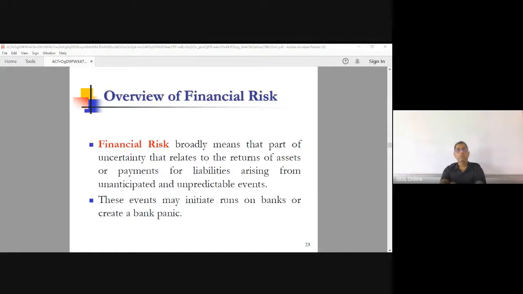So the tools are there in terms of how you can do it. So there are products basically. The gap analysis and all that are basically tools to understand where the risk is. How you implement it comes down to the products that you can use. Basically, the products you use are fixed term loans, fixed term deposits, interest rate swaps.